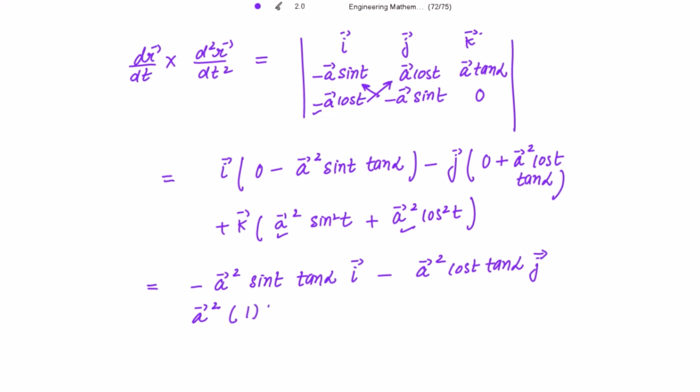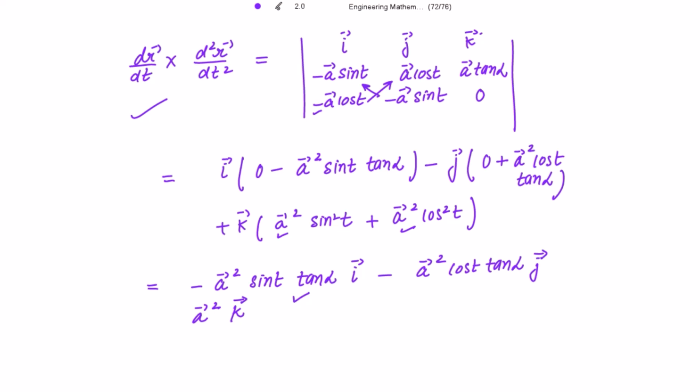So it is 1, and writing the k vector. So it is actually a vector square k vector. And now taking the absolute value for this. So the absolute value for this cross product is equal to the square root of the square of the first component.